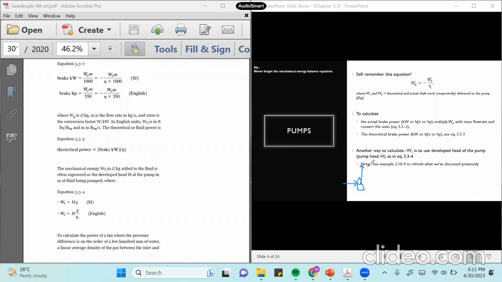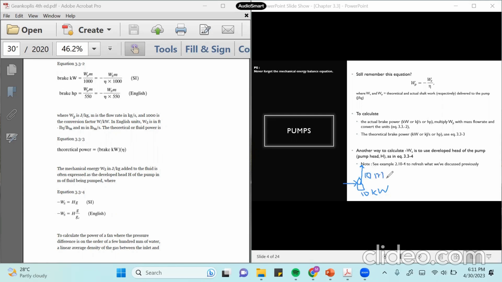Let's say the power of the pump is 10 kilowatt. Then it can make the fluid go upward until it reaches the height of 10 meters.